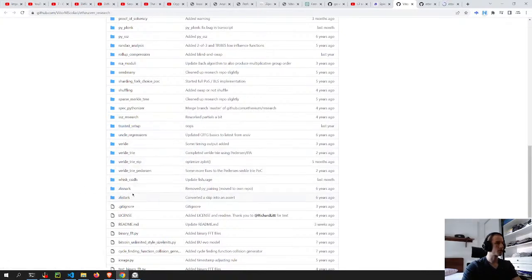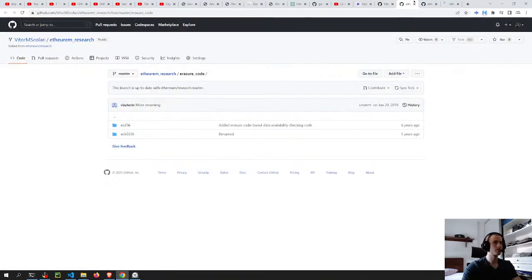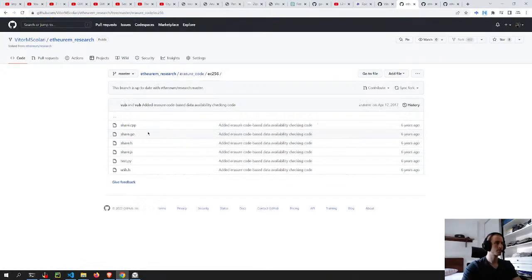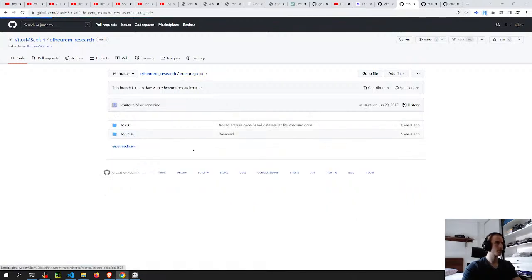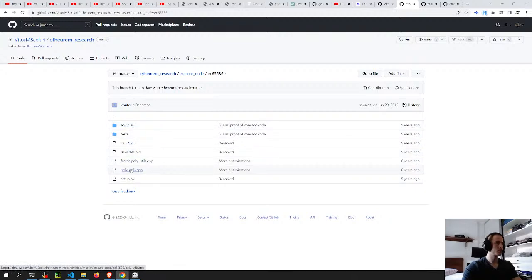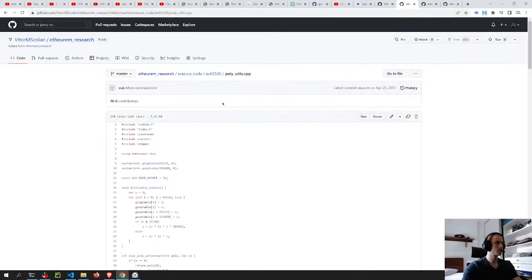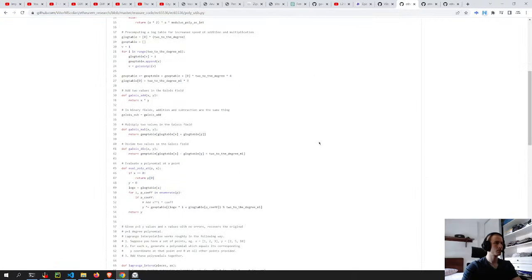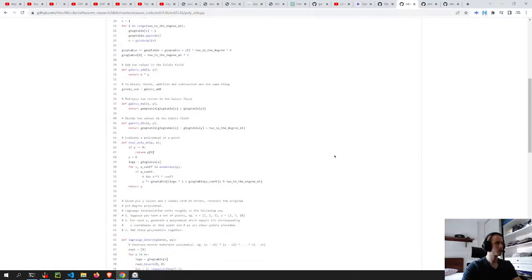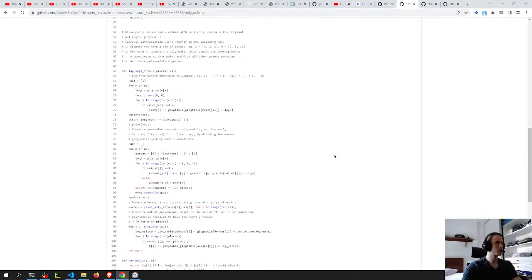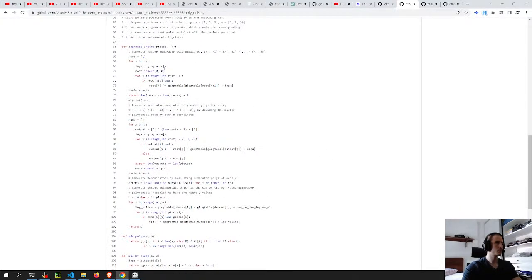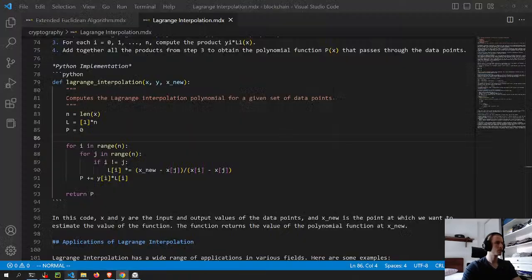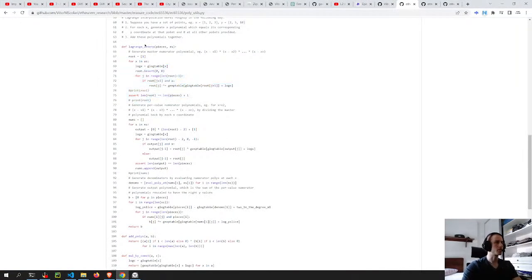Or trusted setup. So that implementation is different than this one.